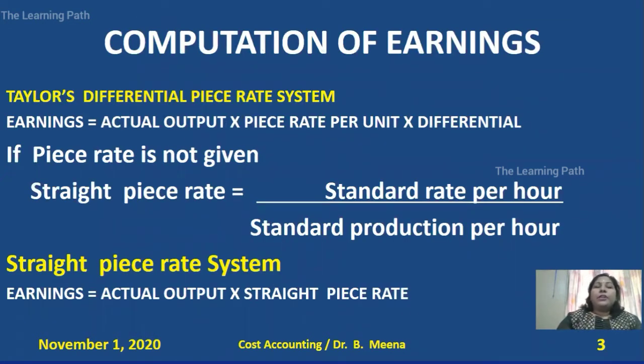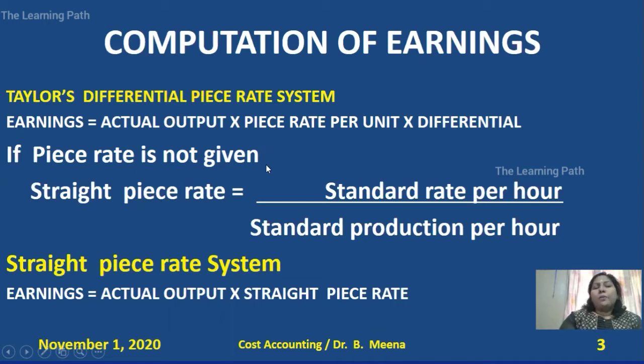Under Taylor's differential piece rate system, how to calculate the earnings? Let me check the computation. The earnings formula: actual output into piece rate per unit into the differential applicable, either 80% or 120%.